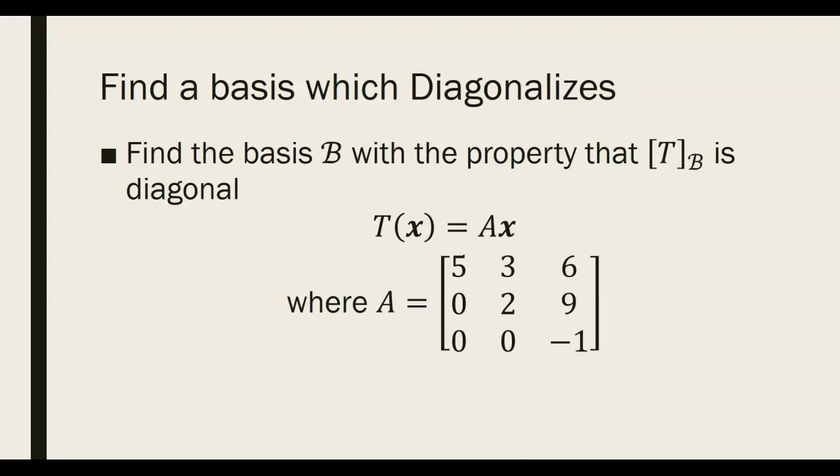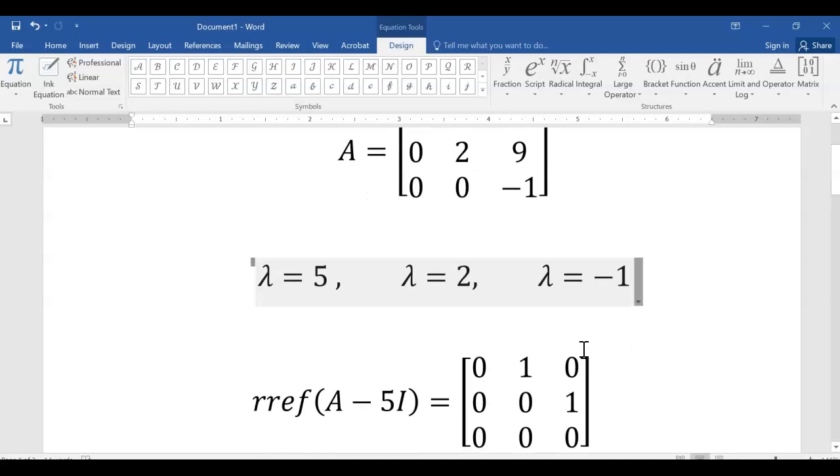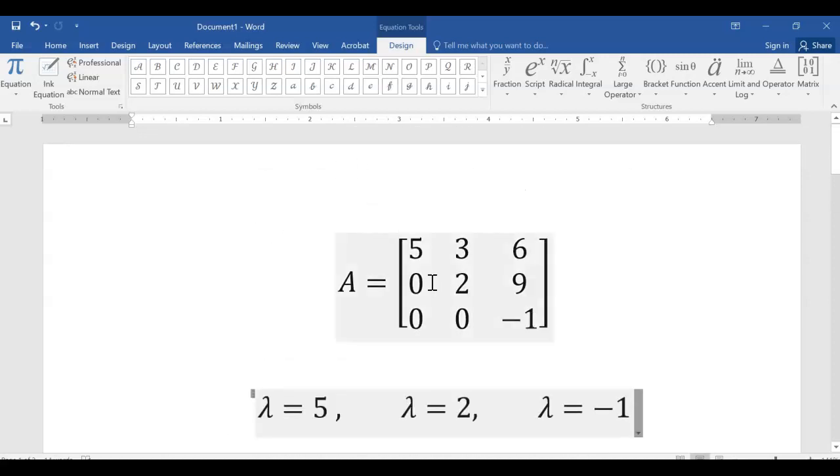So here we go. We take our matrix A. We see that it has 3 different eigenvalues, 5, 2, and -1. That's because it's triangular, so the diagonal entries are the eigenvalues. Each eigenvalue has multiplicity 1, and therefore we know it's going to be diagonalizable.